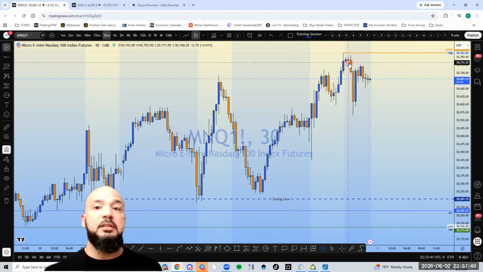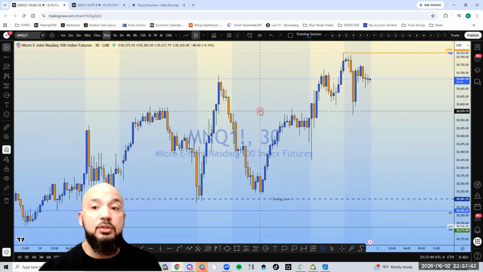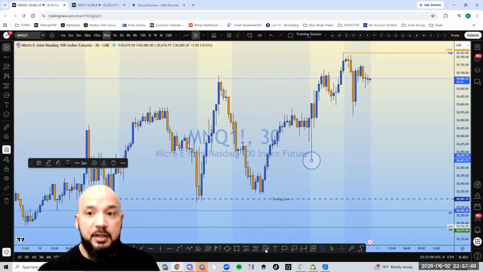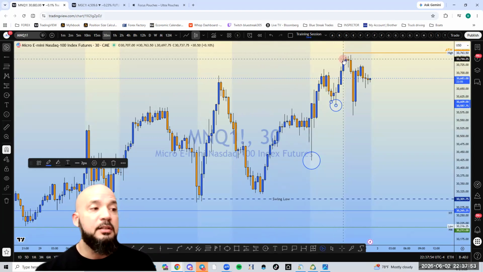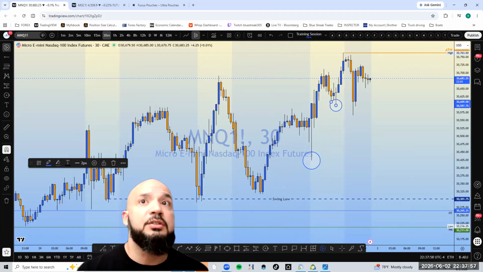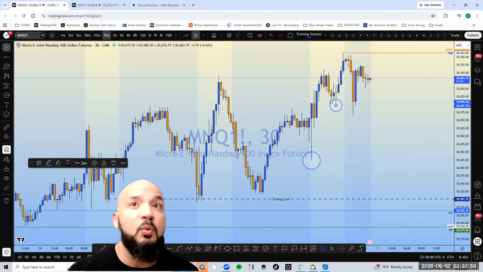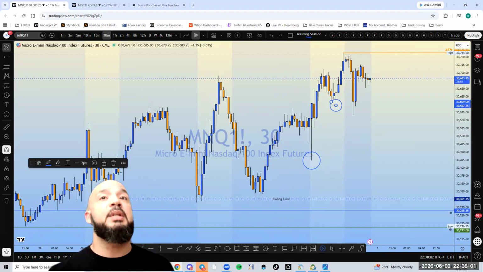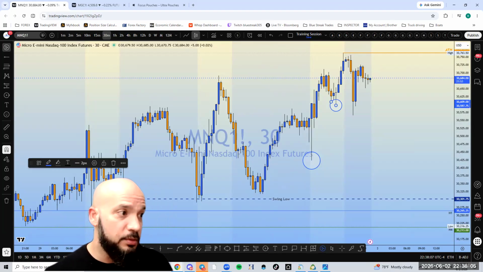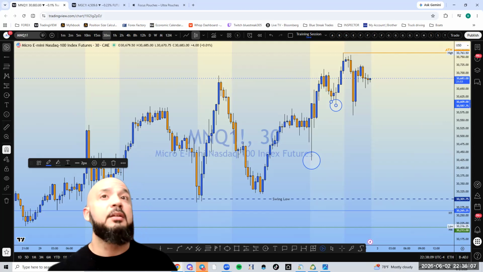Never to determine what the direction is. So structure tells you where the market wants to go. Fibonacci tells you where to join the move. That's very important to understand.